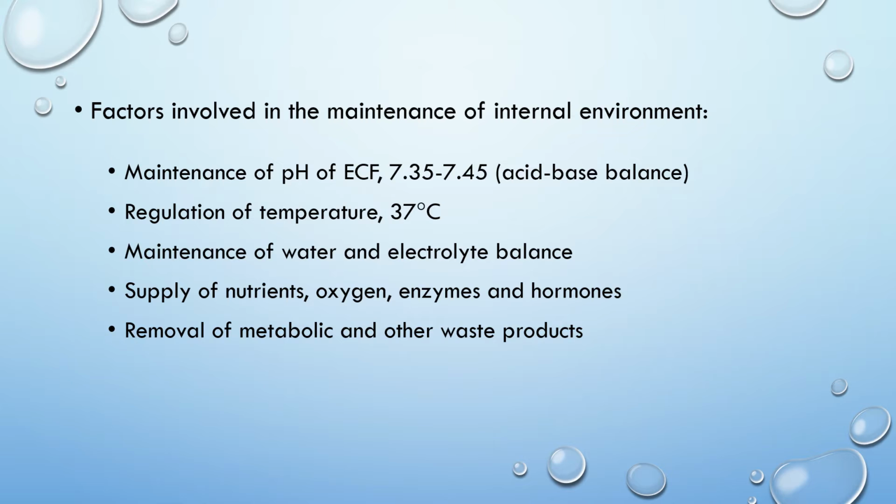All the tissues and cells need to be supplied with nutrients, oxygen, enzymes, and hormones so that they can perform their normal function. And the metabolic waste products of the cells and tissues need to be removed so that they will not interfere with normal function.